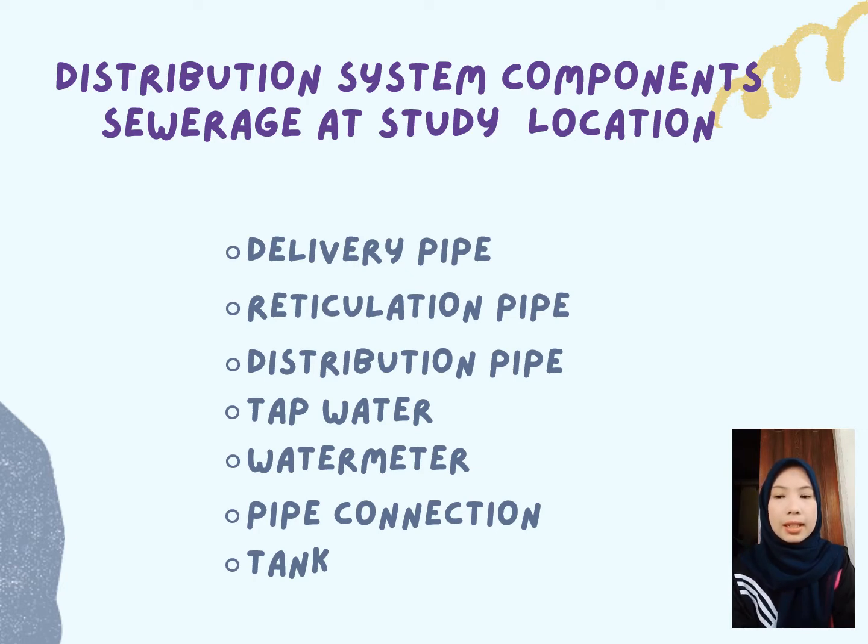And lastly, tank. The tank used here is a septic tank. A septic tank is a form of primary treatment facility consisting of one or more compartments that provide sewage treatment.